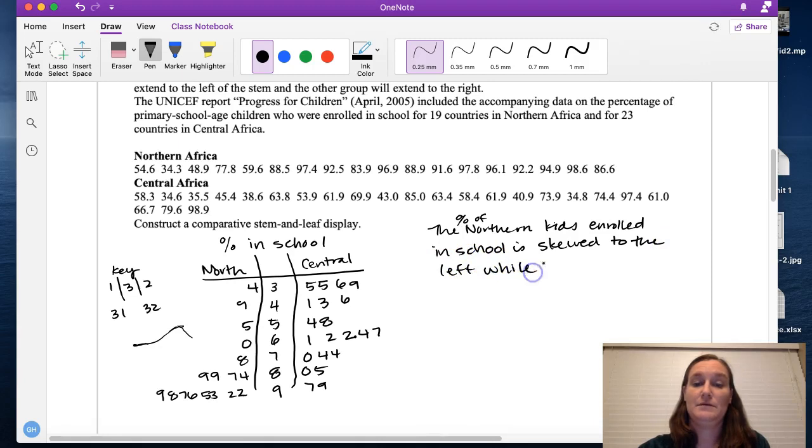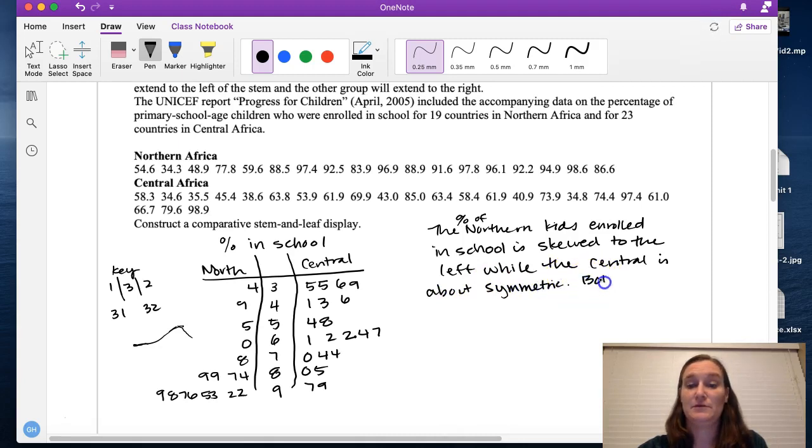We can't say greater than or anything like that here, but you want to use comparison language as much as possible. While the central is about symmetric. I forgot the unimodal. We can say both are unimodal.